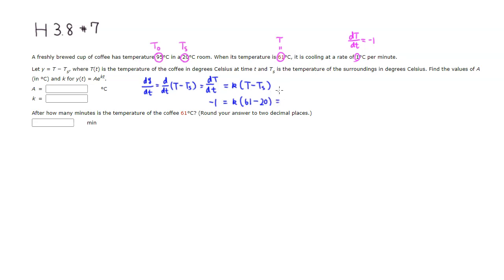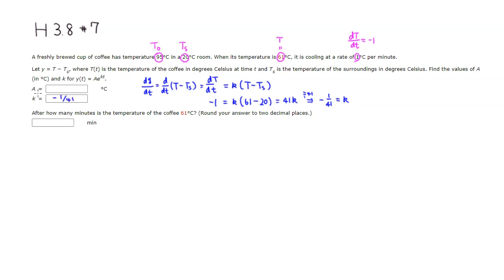So this is going to be 41K. We can just divide through by 41 to get the K value. So -1 over 41 is the K value, right? So we found -1 over 41 for K.